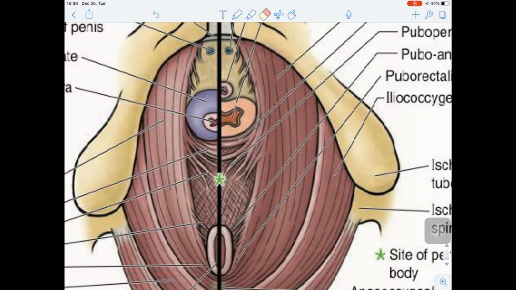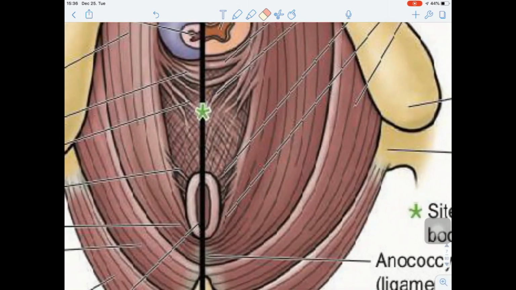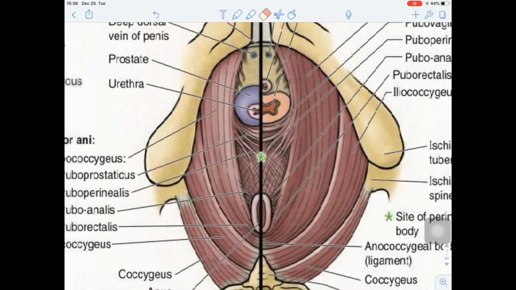So theoretically, which you don't really see on the cadaver, from pubococcygeus muscle there are certain muscle fibers running toward certain organs down here in the middle. You see these tiny muscle fibers running from the levator ani to the rectum. This is the inferior view, so to the anal canal. This is going to be puboanalis, both in male and female.